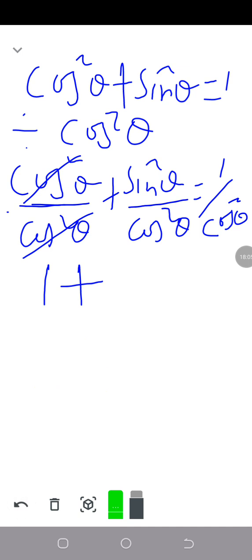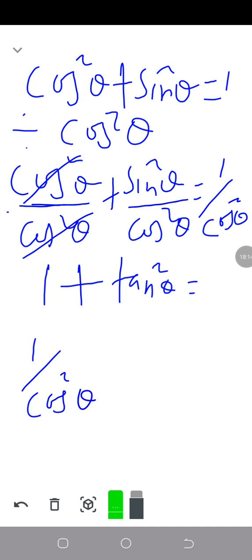So here is going to be plus tan squared theta. Then remember we say that 1 over cos squared theta is the same as sec squared theta. The other time it was 1 over cos when it's not squared. It means that here it's going to be sec squared theta.